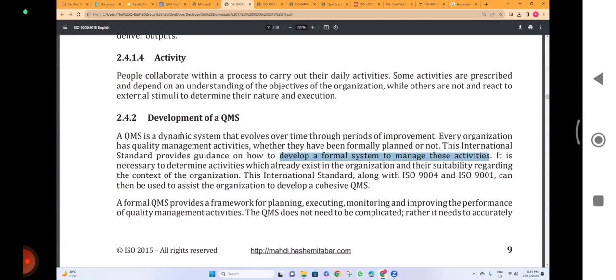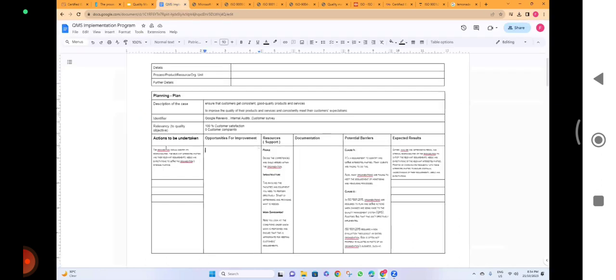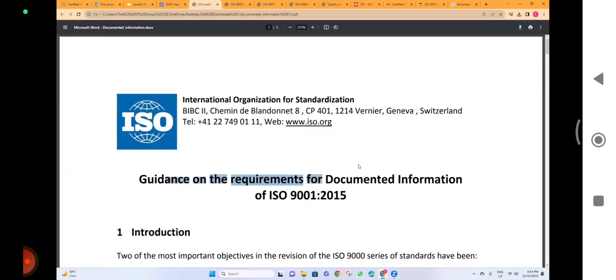So what you are supposed to do here is you now know the action and you know the expected results. So your job as a lead implementer is to identify the opportunities for improvement and the documented information that you're going to use so that your organization can move from here to this point so that this action can be completed. So we go to documented information here, guidance on documented information.